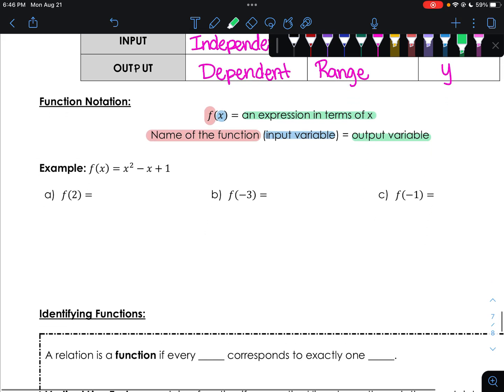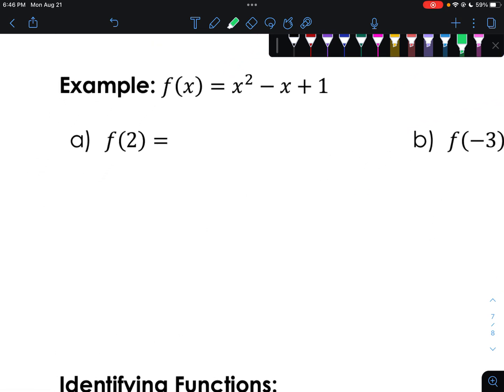So in our example, we're going to practice plugging in values. Notice I have the function f of x equals x squared minus x plus 1. Now, instead of x, it has a 2, which means each one of these x's is going to change to the number 2.